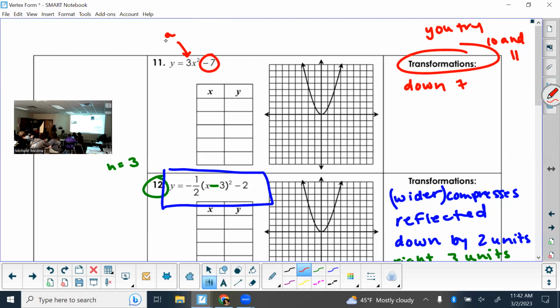It's an A. So the A has nothing to do with left or right. So try again. If the A is 3, then what does that do to the graph? It would be stretched by a factor of 3 if you want to get fancy. But yeah, it would be stretched.